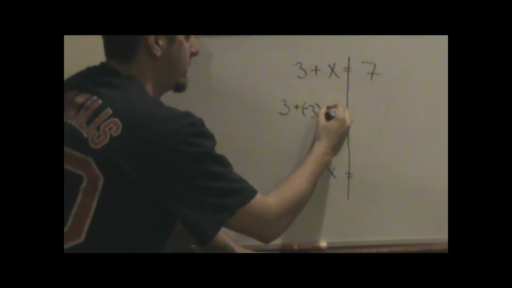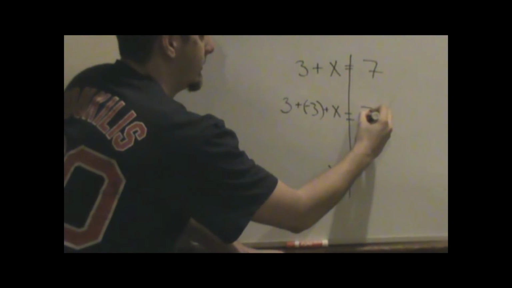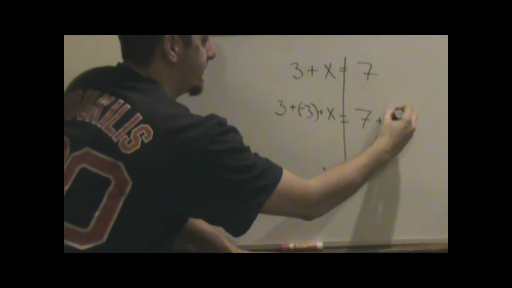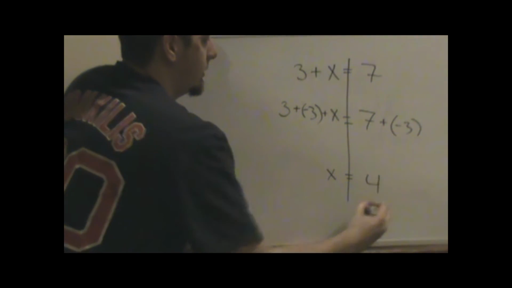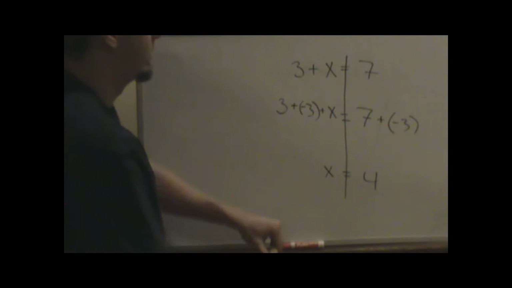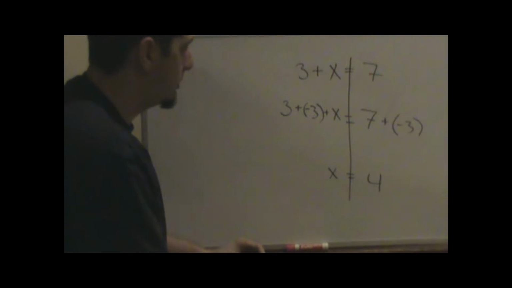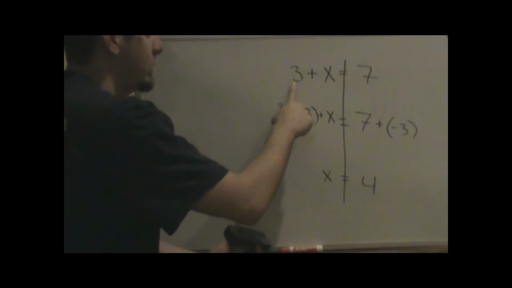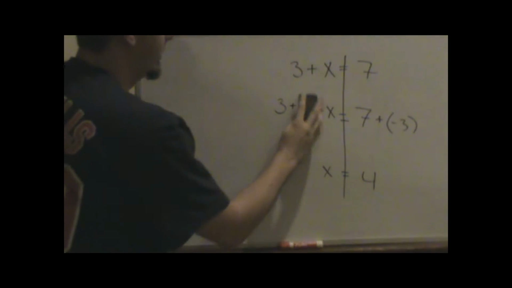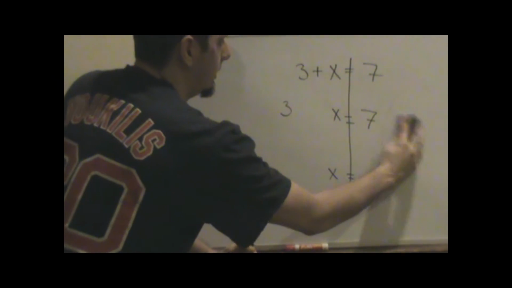It'll still end up getting you the same result, but oftentimes when the terms are reversed, it confuses people. You can still do it in the same manner we did before, or you can say 3 plus negative 3. So like I said, it's not going to make a difference either way.